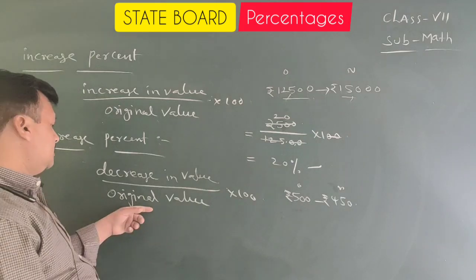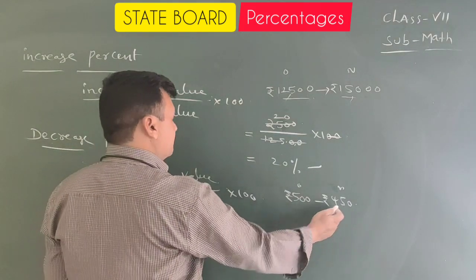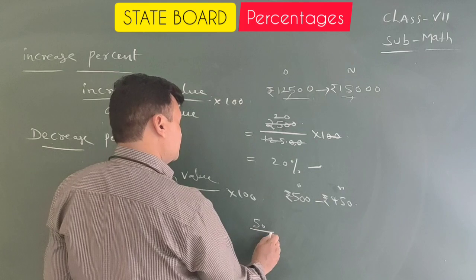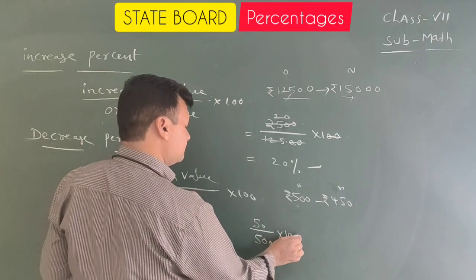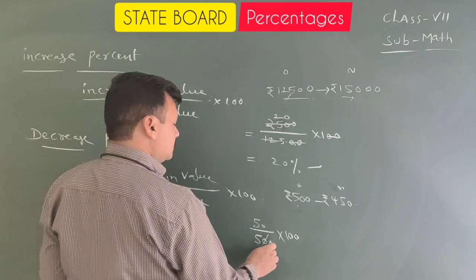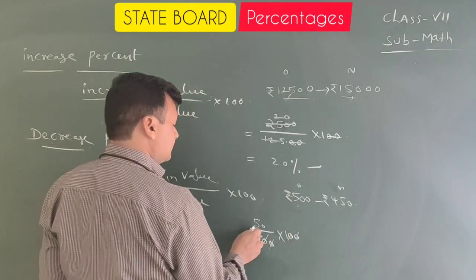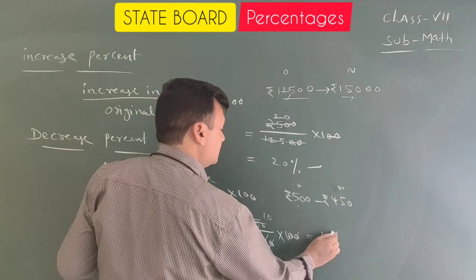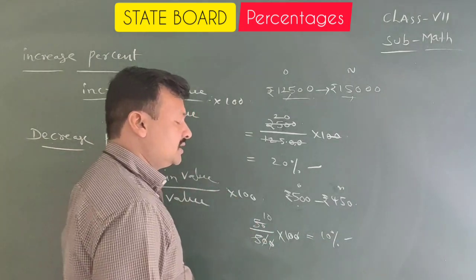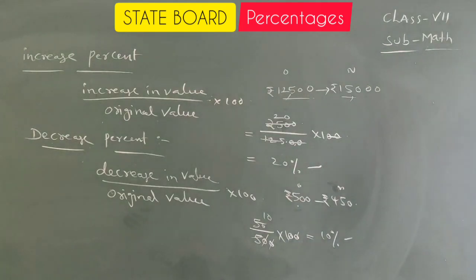The decrease in value is 50 rupees, the original value is 500, into 100. The zeros cancel, 5 goes 10 times. So 10% of the value of the article was decreased.